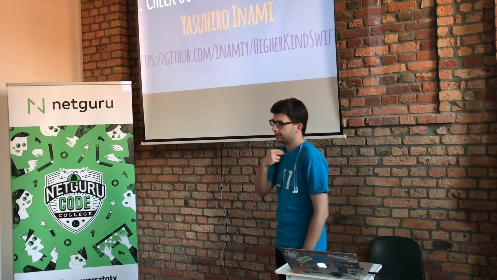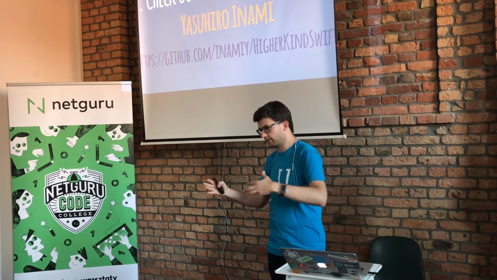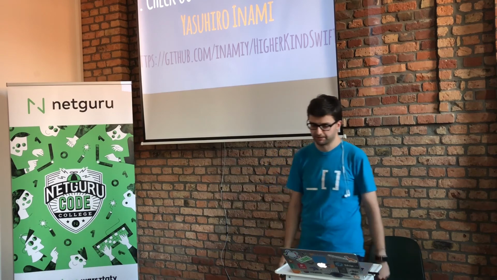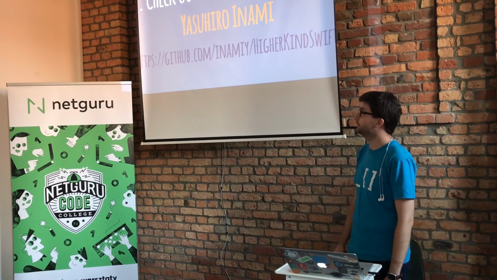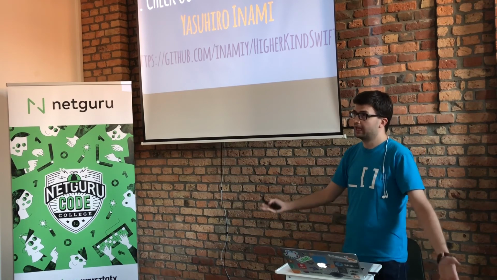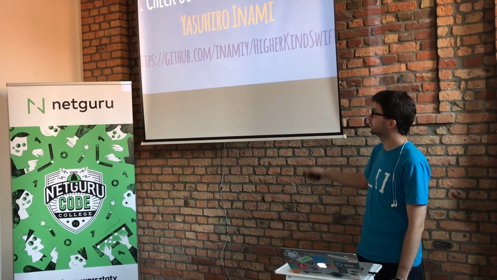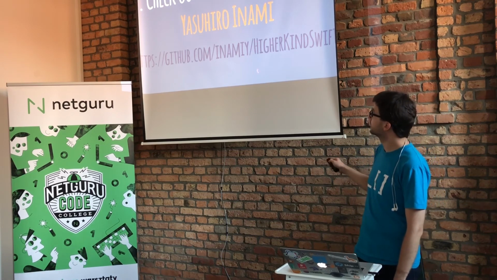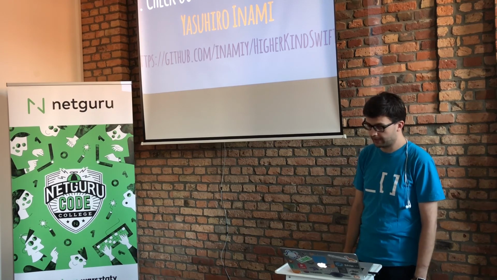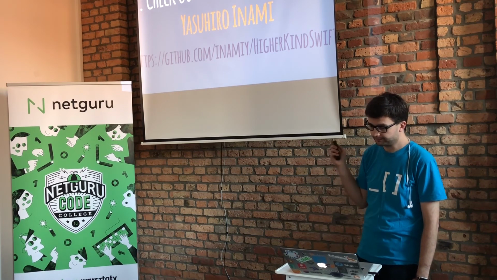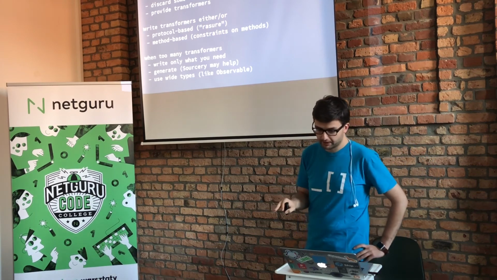Just write types that know that they are containing some other containers, basically. There is some work, not much of it, trying to implement a library about higher kinded types in Swift. The one that I really enjoyed recently was, again, by Yasuhiro Inami. He has this HigherKindSwift library on GitHub. And that's all. Let me just quickly recap.